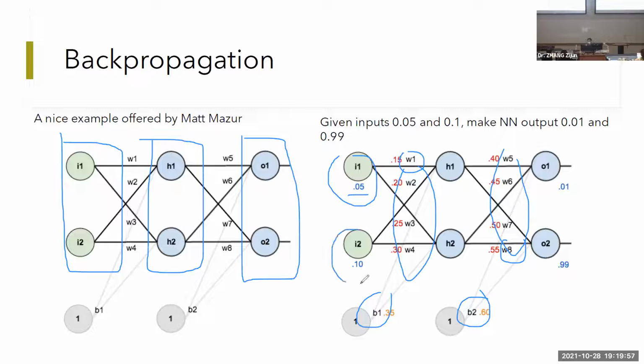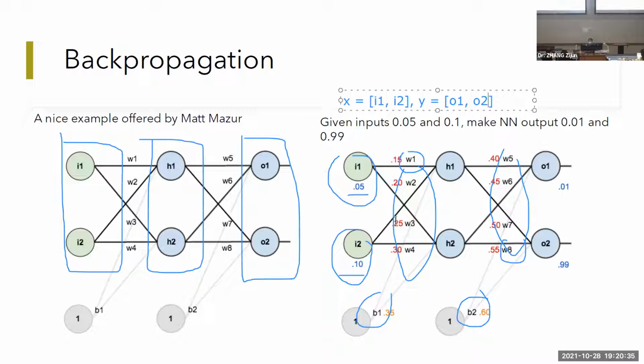They're x. Okay, so basically x will be equal to a vector I1 and I2, and y is equal to a vector O1, O2 as well.